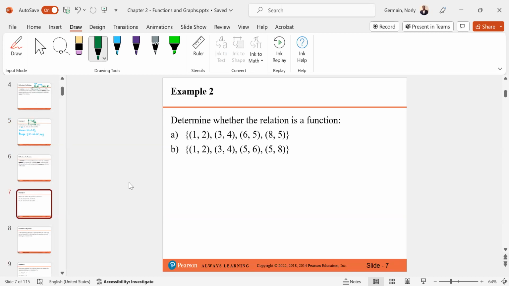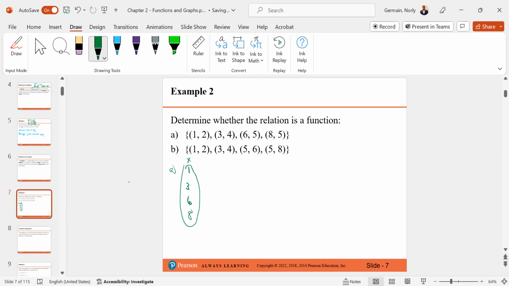So I can do it different ways. For example, if I go with A, I can do, okay, you know what? I call this one 1, 3, 6, 8. That's the first component.